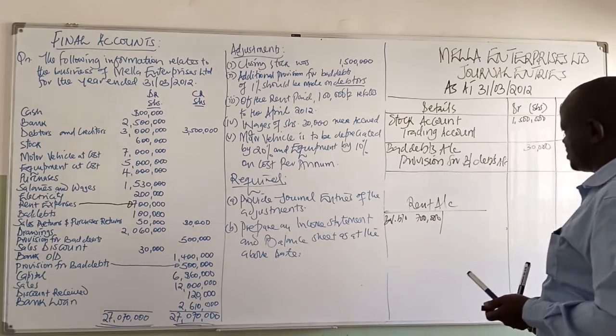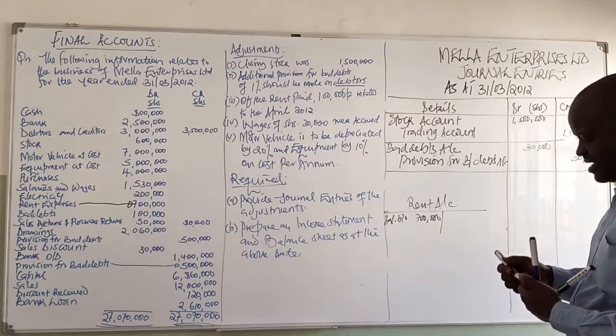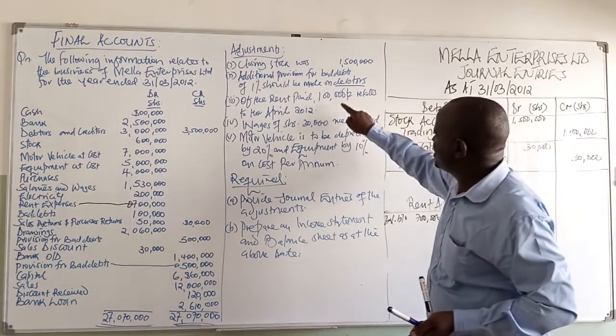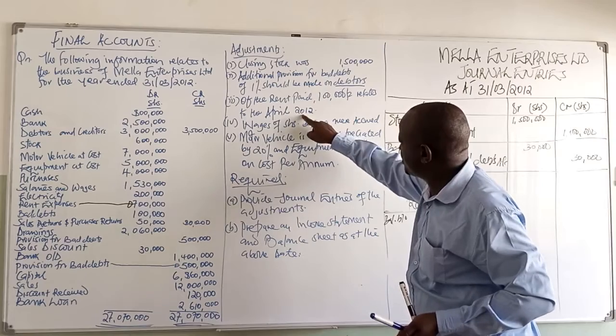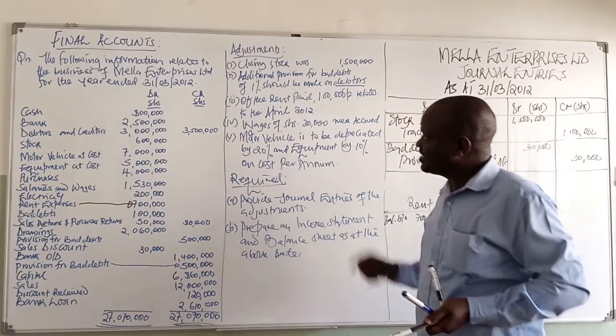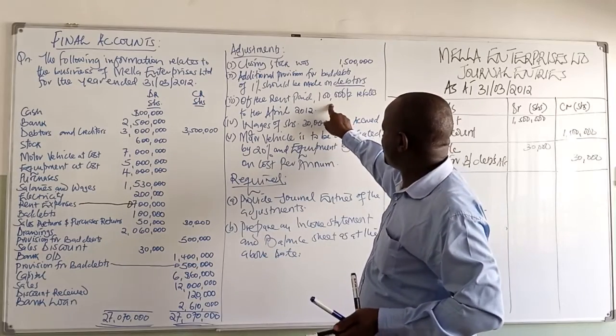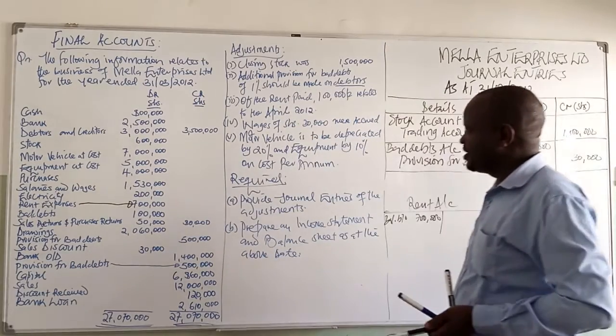That's how it is. And they are telling us that out of that amount of money, 700,000, there is 100,000 which relates to April. But remember, this one ends on 31st March 2012. But the part of this 100,000 relates to April, the same year.